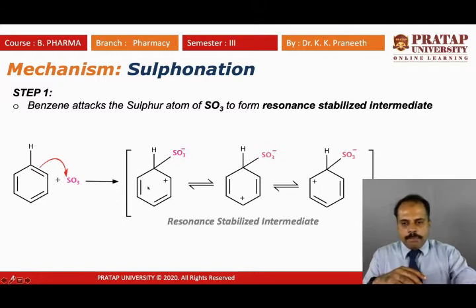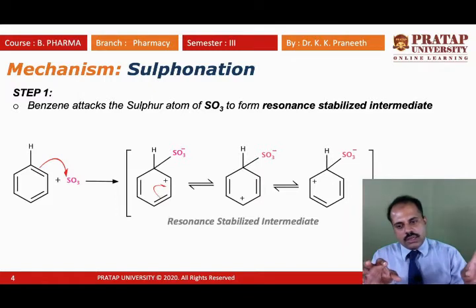As we have seen previously, for this resonance stabilized intermediate we can draw 3 different structures. The double bond in the middle can transfer to this bond, and then the positive charge automatically moves onto this carbon.